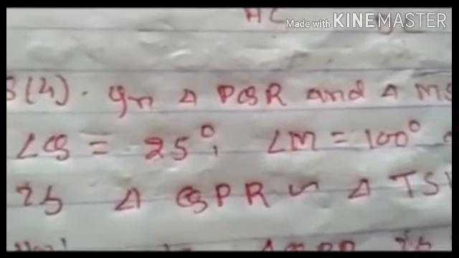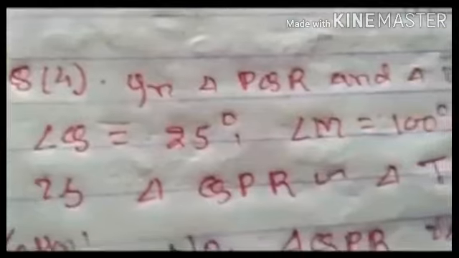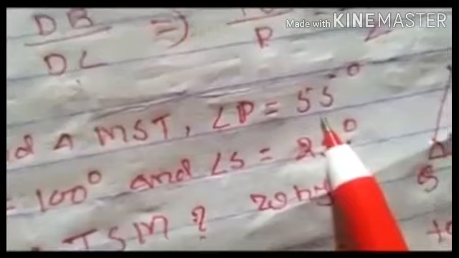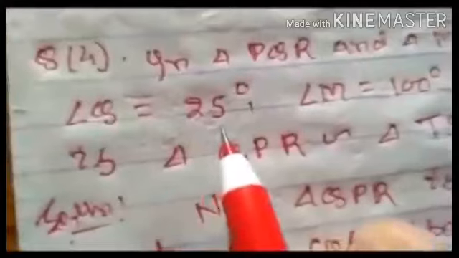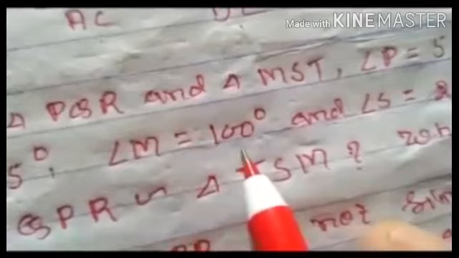Now we are proceeding to the next question. Question number 4: in triangle PQR and triangle MST, angle P equals 55 degree, it is given, and angle Q equals 25 degree, and angle M equals 100 degree, and angle S equals 25 degree.